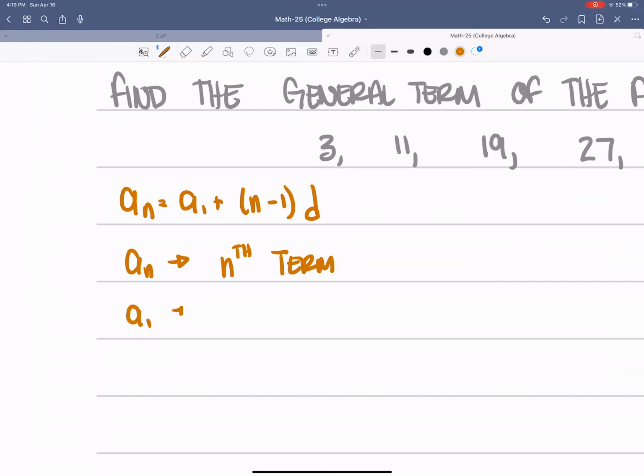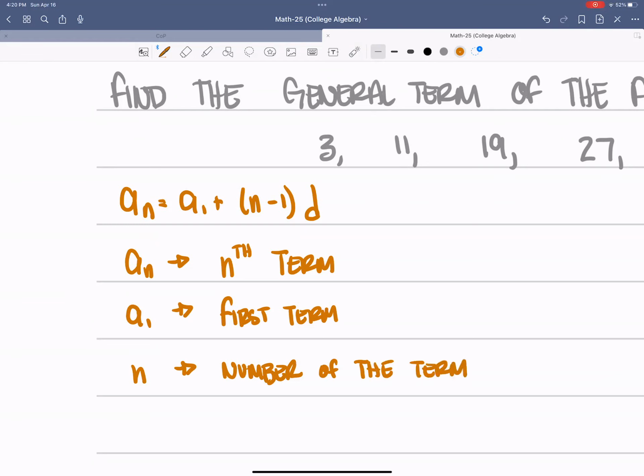A sub 1 is going to be our first term. n is going to be the number of the term. And d is going to be known as our common difference.